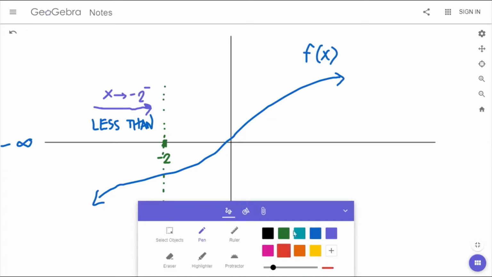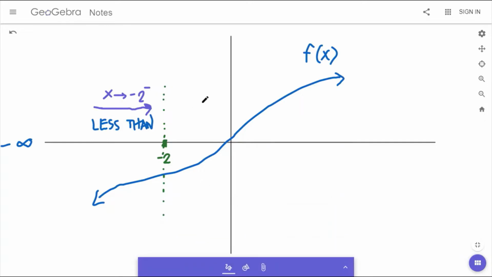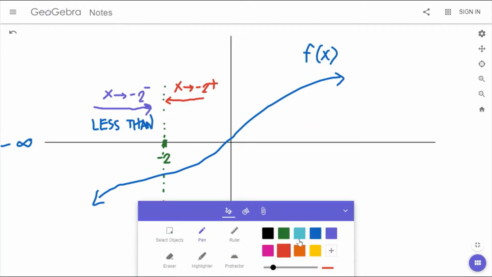And let's say for example there is another movement and that comes from the right of negative 2. So it means to say x keeps on approaching negative 2 pero galing sa right. Galing siya sa right, papunta sa negative 2, then you have here a positive sign. So whenever you encounter a negative sign, class, I would like to emphasize this one.